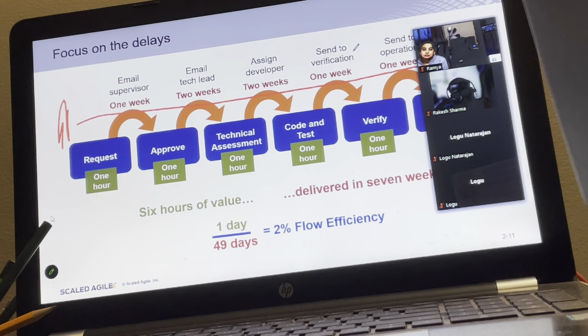We identify the delays caused in the delivery of value, and whenever we intervene, maybe with a process change or automation, we need to identify how that change will optimize the whole delivery value stream. That's another concept of applying lean thinking.